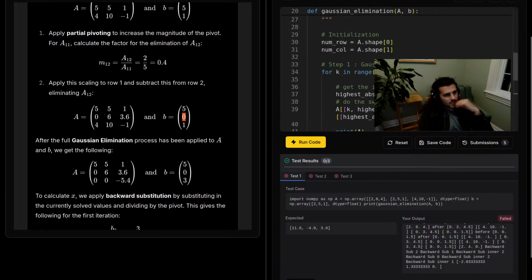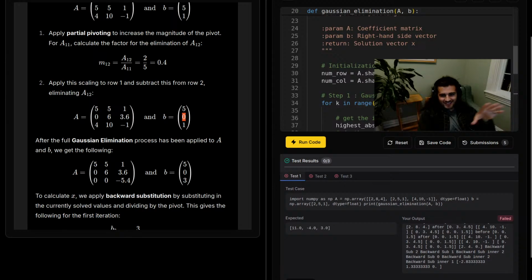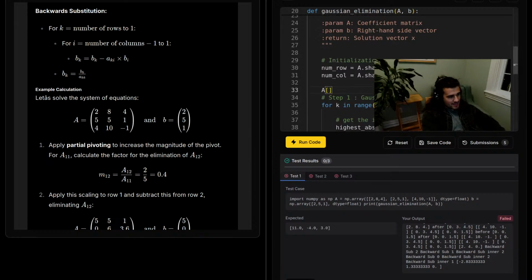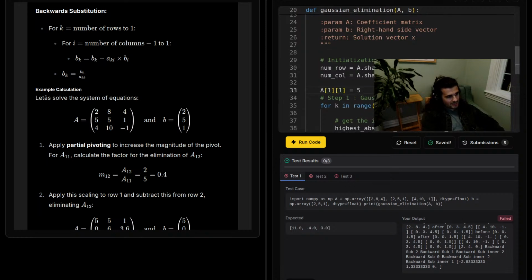Okay, wait. I'm gonna just do it. I'm gonna do a little hack here, right? Stay with me. What we're going to do, I'm just gonna substitute the 2 here. I'm gonna set a at 1, 1 equal 5, right?